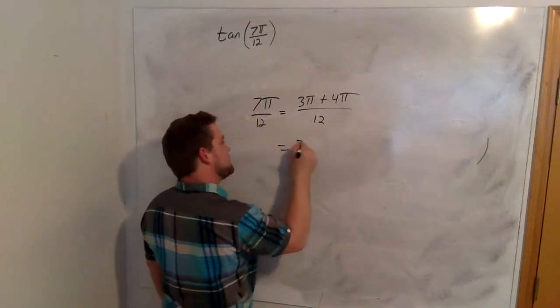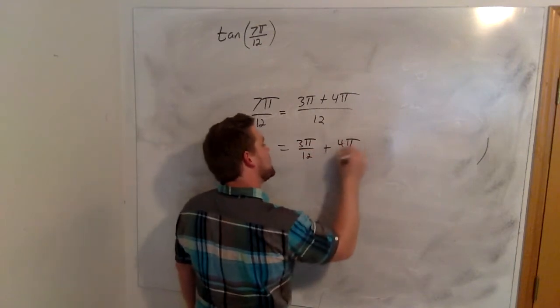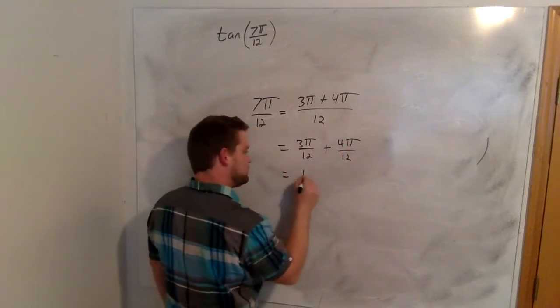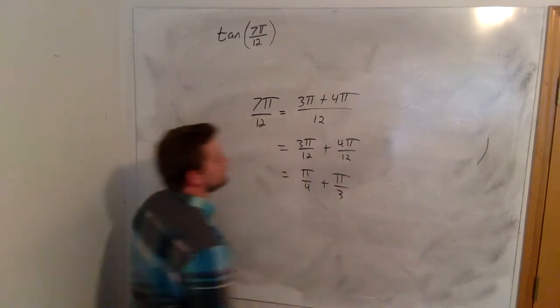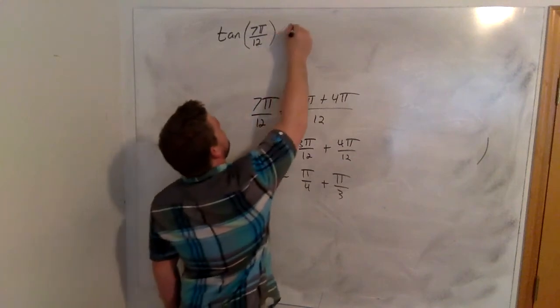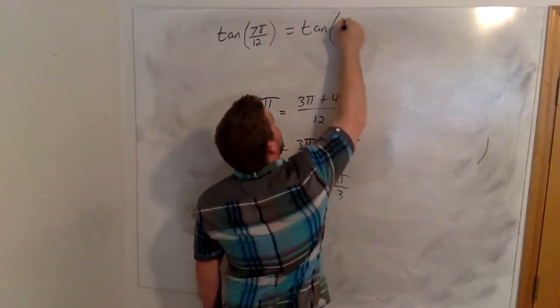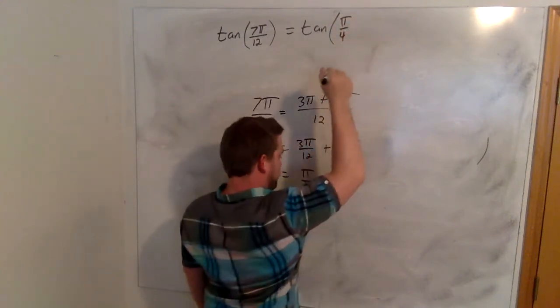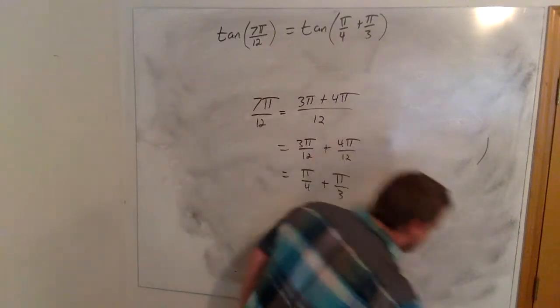So this is the same thing as 3 pi over 12 plus 4 pi over 12, or pi over 4 plus pi over 3. So we want to compute the tangent of pi over 4 plus pi over 3.